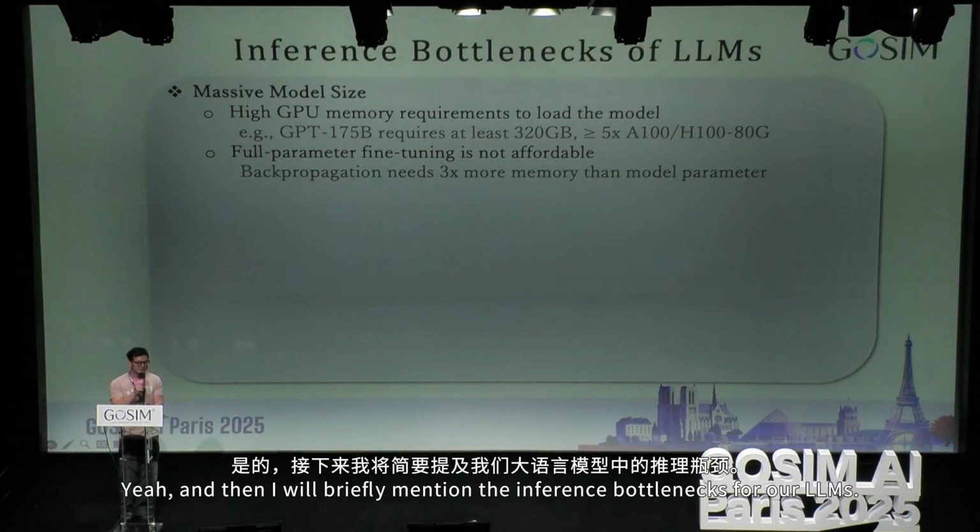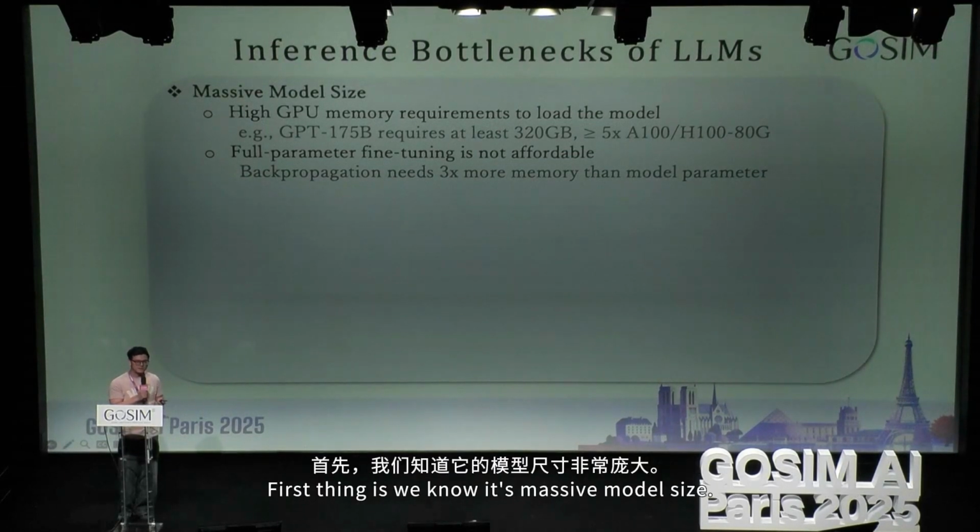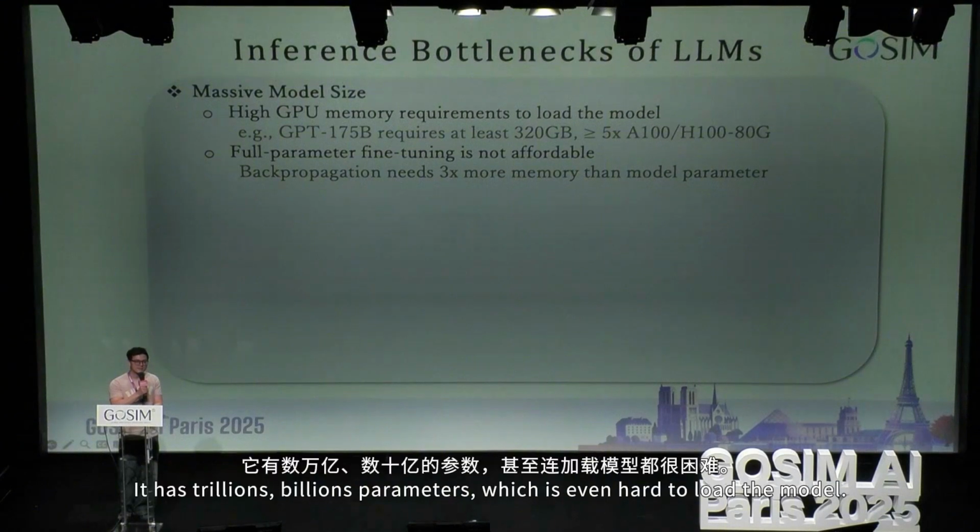Then I will briefly mention the inference bottlenecks of LLMs. First thing is the massive model size. It has billions, even trillions of parameters, which makes it hard even to load the model.